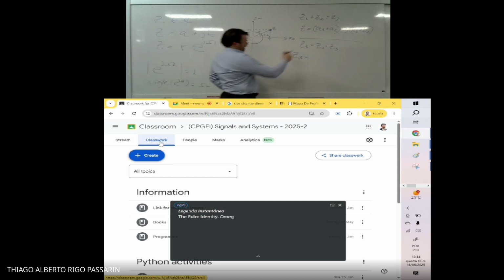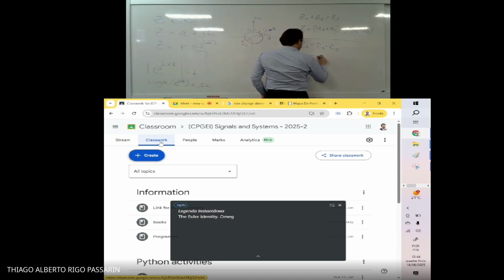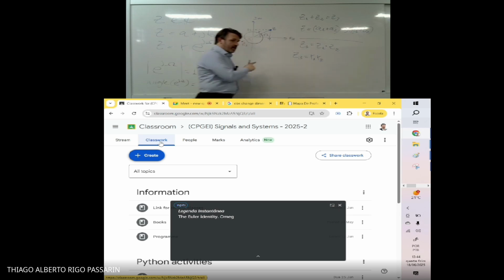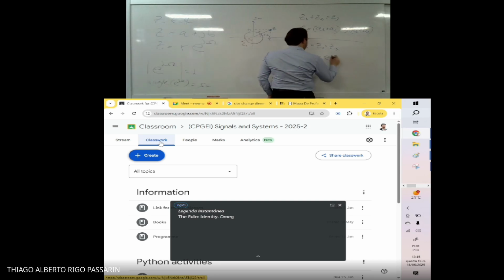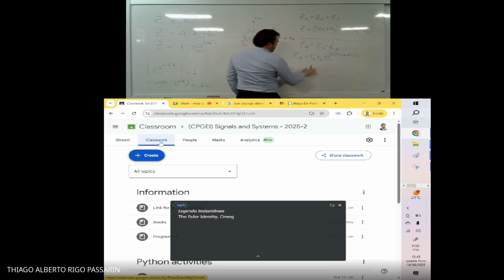R1 times R2, if we have these guys from here. What happens to the angle? Plus omega 2. So here, e to the j omega 1 plus omega 2. So we multiply the radii and we sum the angles. That's how we multiply complex numbers.